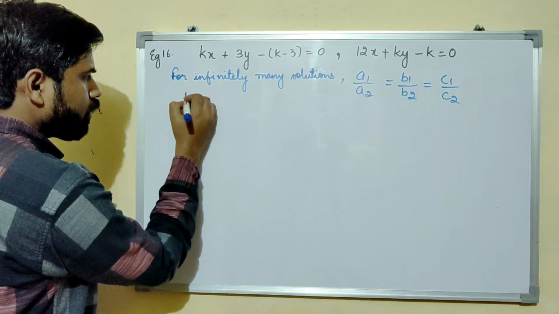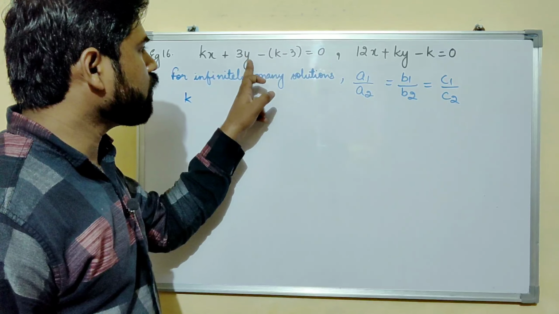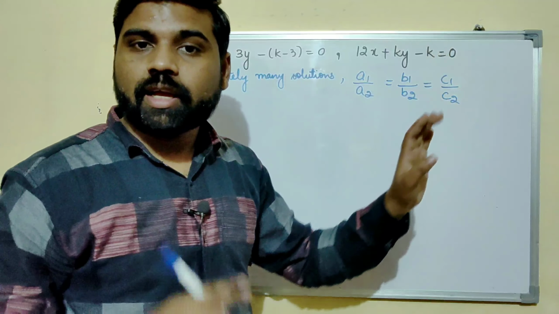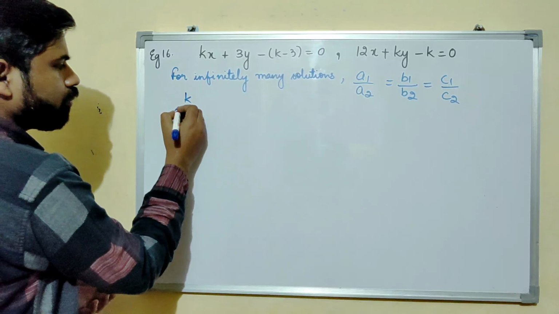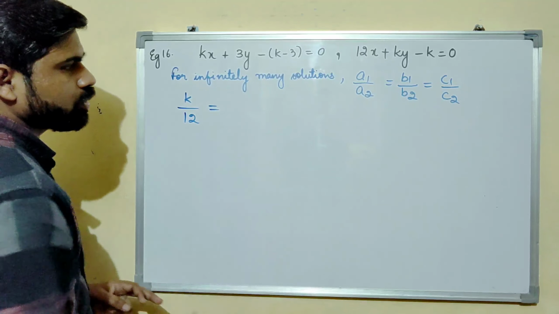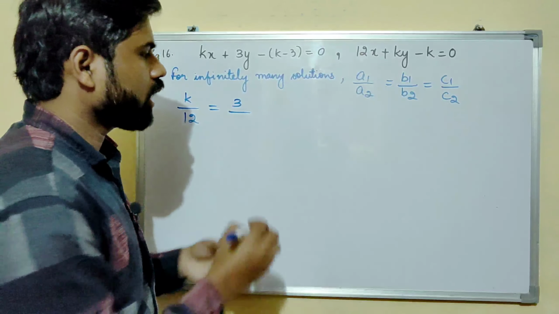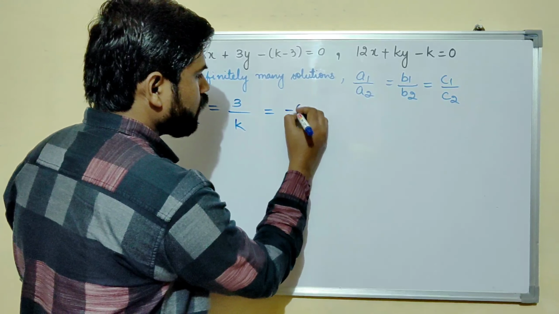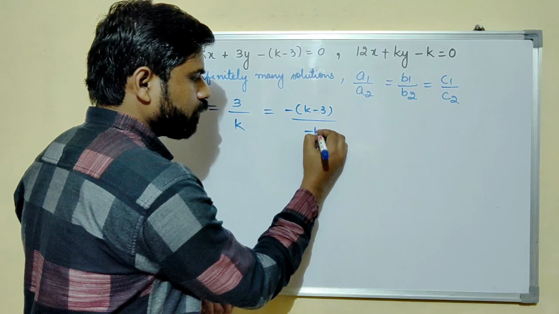First of all, check whether the equations are in the standard form, ax plus by plus c equals 0. If they are in the standard form, then only substitute the values. So A1 is k here and A2 is 12, equals B1 is 3 and B2 is k, equals C1 is minus k minus 3 and C2 is minus k here.